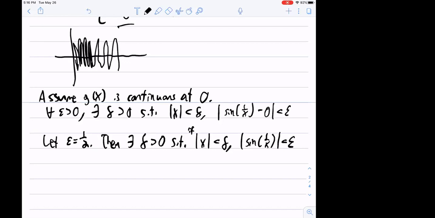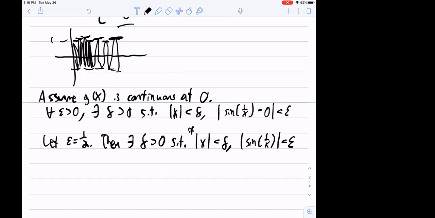So the idea is I have to be epsilon away from 0, right? But you see here, we always reach 1, right? Sine always reaches 1, and similarly -1. So you could choose any point here, and as you approach 0, you're going to hit 1 and -1 infinitely many times. So you're not going to be close to 0.